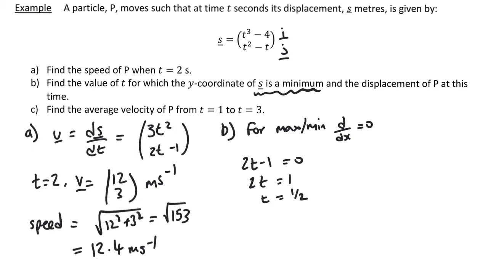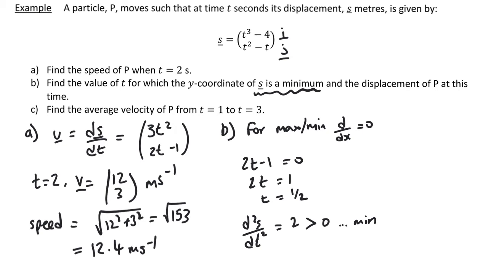For the nature we need to check the second derivative, and d2s by dt squared in the j component is going to equal 2, which is bigger than 0, therefore it's a minimum, which is what we wanted.